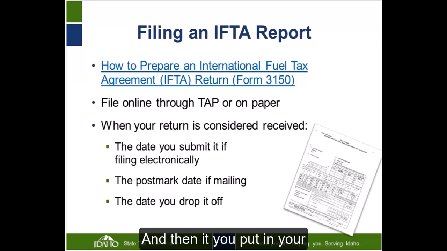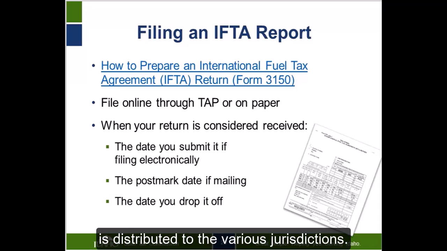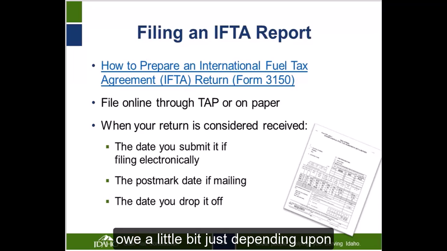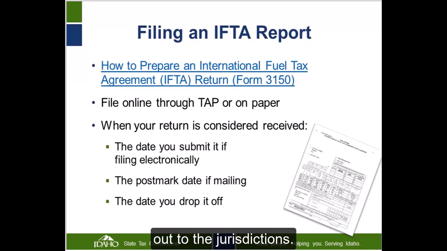And then you put in your tax paid gallons, and you calculate how many gallons you used in each jurisdiction, and then that nets out the amount of tax that is distributed to the various jurisdictions. So in the end, you may end up with a little bit of a deficiency, or you may owe a little bit, just depending upon the tax rates in each jurisdiction. But that's really the purpose of the return, is to net the taxes out to the jurisdictions.